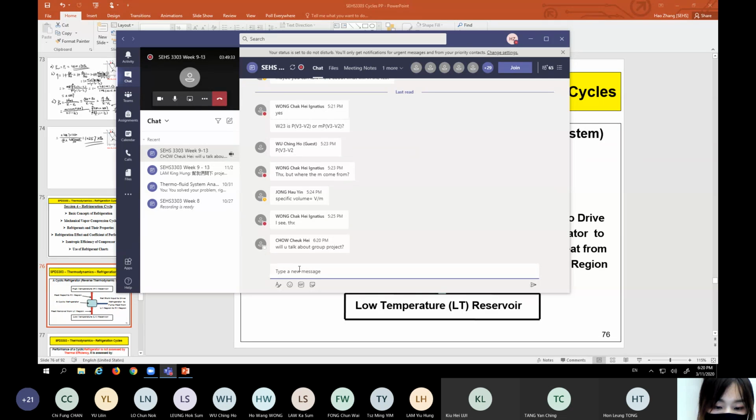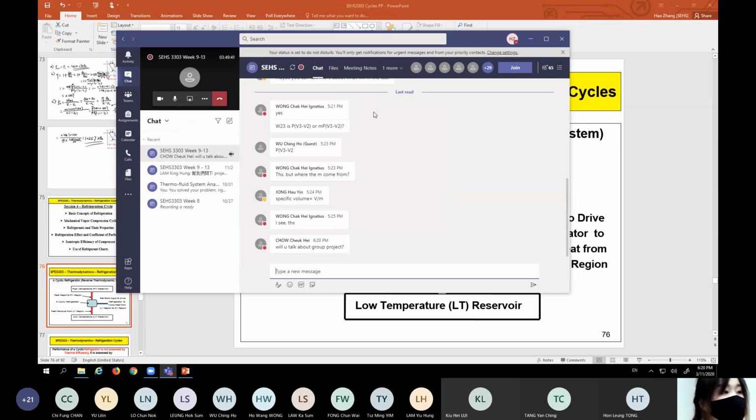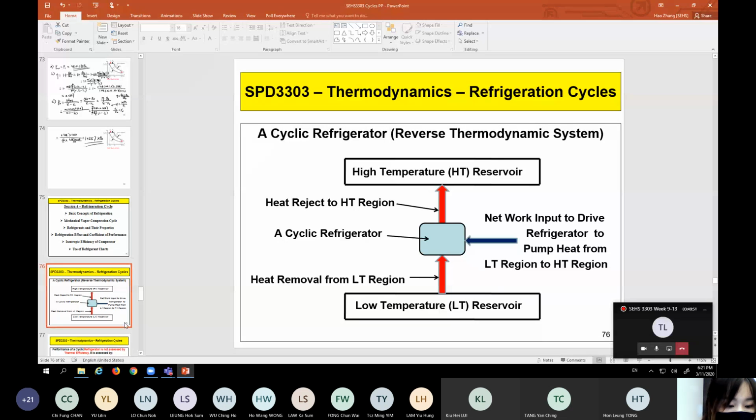We'll talk about the group project. Actually, I obtained the related material for the group project. I will upload it to Moodle for you, but I got it from Professor Liang.